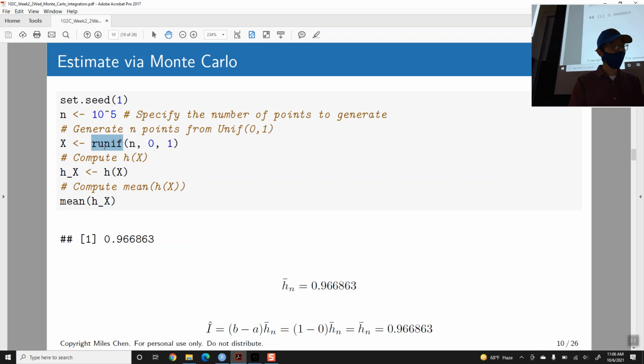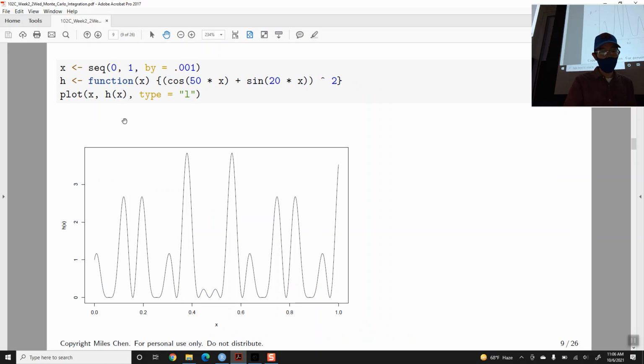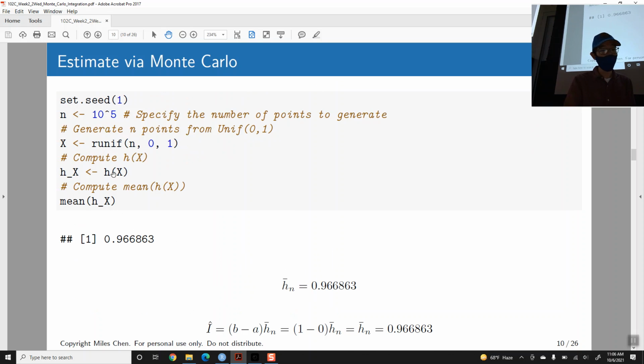So we do runif. I want 100,000 values. My interval goes from 0 to 1. And we apply that function h, which we defined back here, cosine of 50x plus sine of 20x, quantity squared. So you probably have to define h somewhere. This gives us the values run through h.